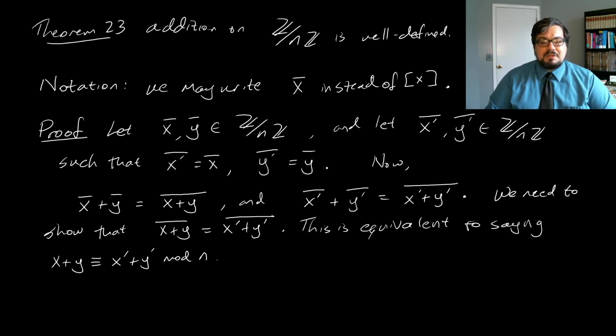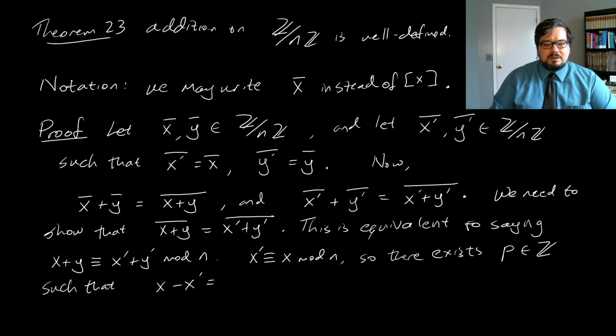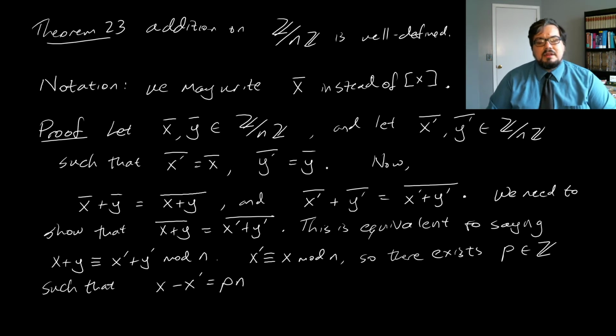Now, we know some things already about x bar and y bar. We know that x prime is congruent to x mod n, so that means that there exists some integer p such that x minus x prime equals pn. Because x and x prime are congruent, their difference has to be divisible by n.